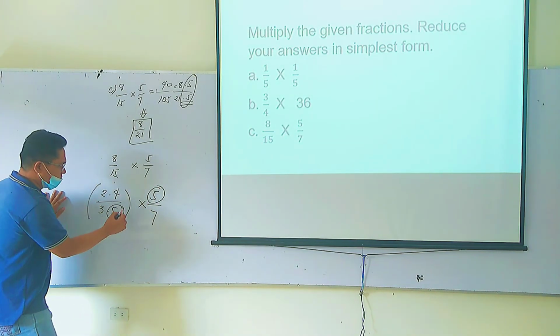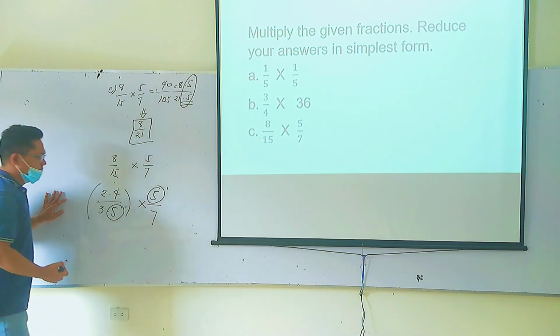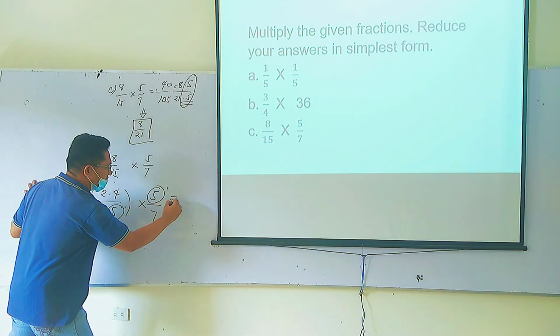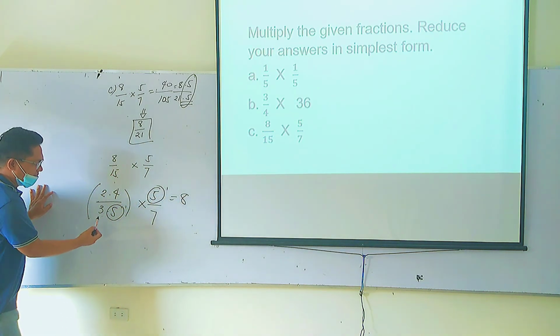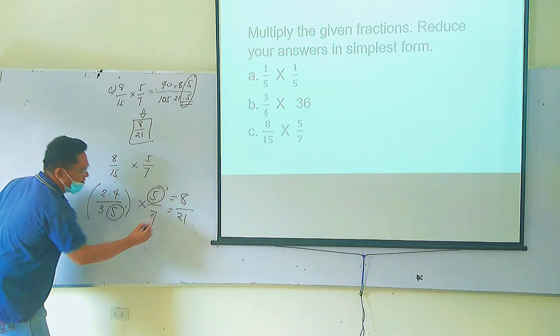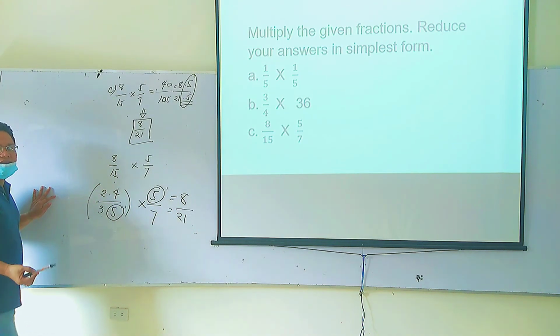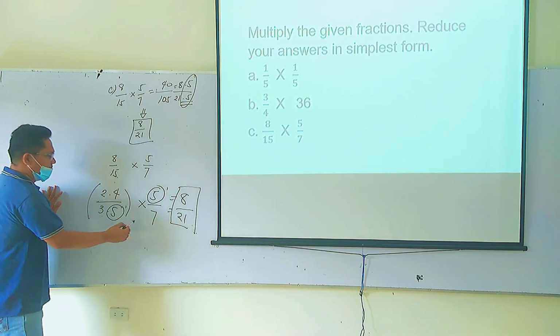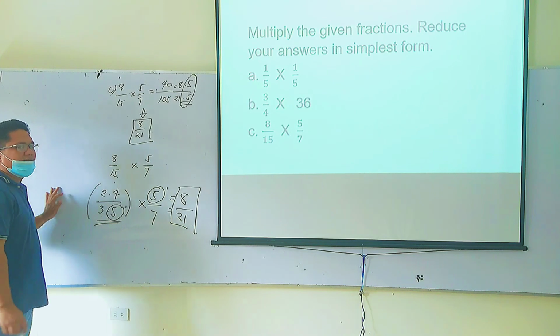So what is left is 1 and 1. So you now have 2 times 4 times 1 is 8. Then 3 times 1 times 7 is 21. So our answer is already in its simplest form because we factored from the start.